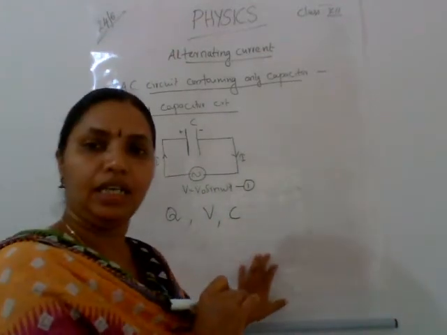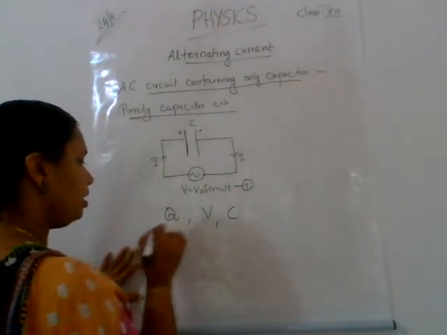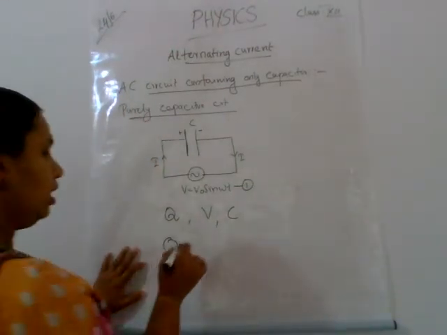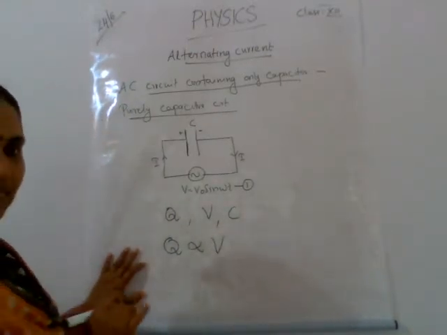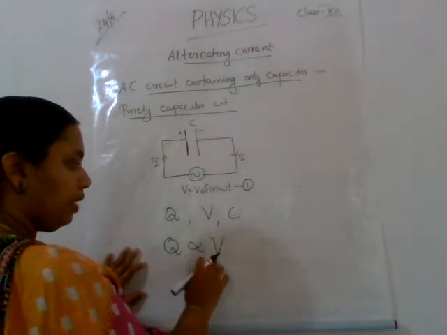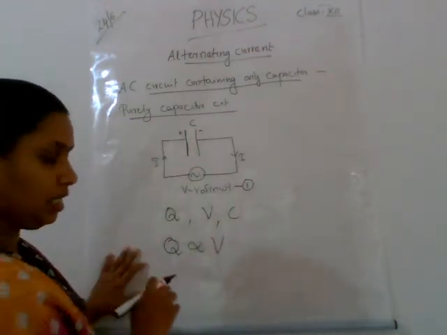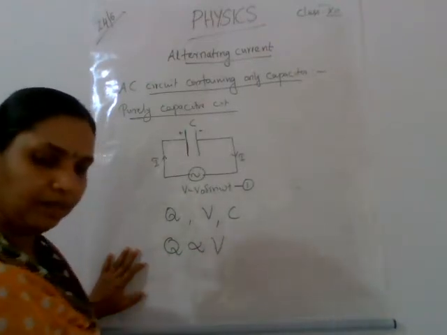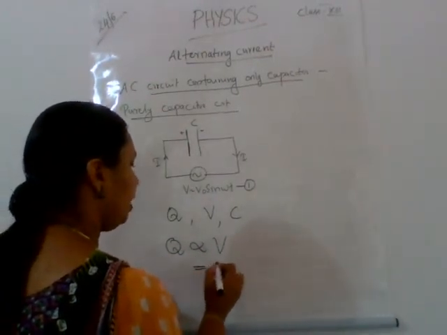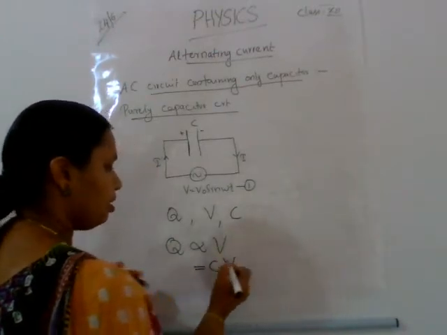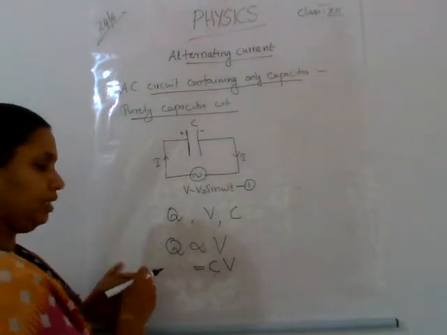These three are related: the charge stored in the capacitor is proportional to the applied potential. How much potential we apply, accordingly that amount of charge gets stored in the capacitor. So Q is proportional to V, and we change the proportionality by adding a constant, and this constant is the capacitance. That is the property of the capacitor, C.